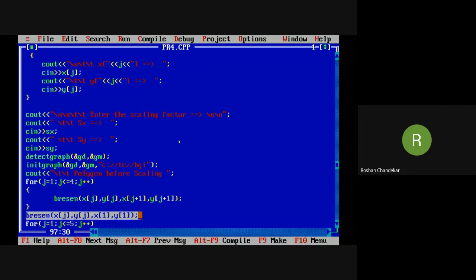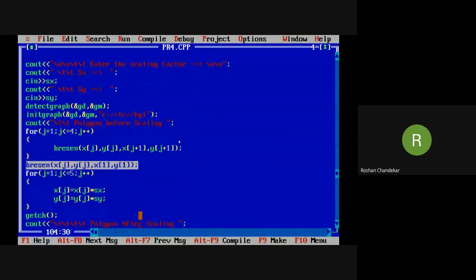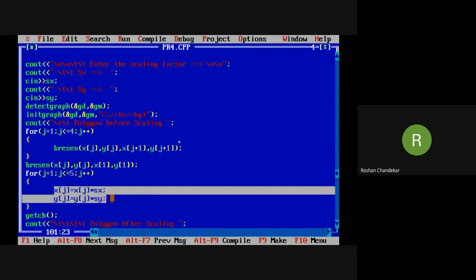After closing our polygon, we take the coordinates of that particular polygon and multiply them by the given values of sx and sy. Here it is, we have that for loop. Why are we applying a for loop here? Because my polygon has 5 edges and there are a total of 5 vertices. So we have to multiply the x values by sx, 5 times, and likewise for sy.